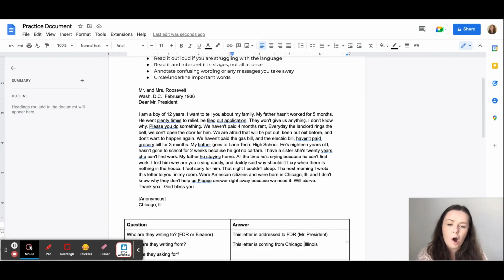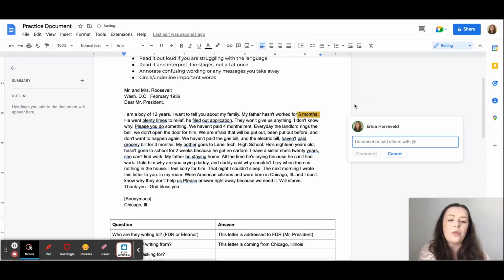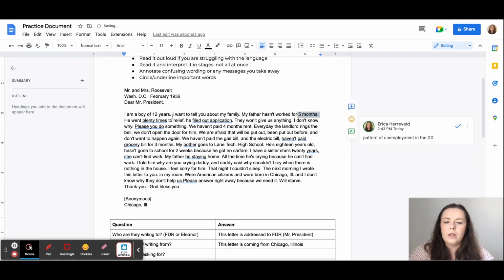I'm going to pause there because there's already some things that I'm picking up on. He's saying my father hasn't worked for 5 months, so we know that that's in line with the pattern of unemployment in the Great Depression. What really intrigued me, he went plenty times to relief.